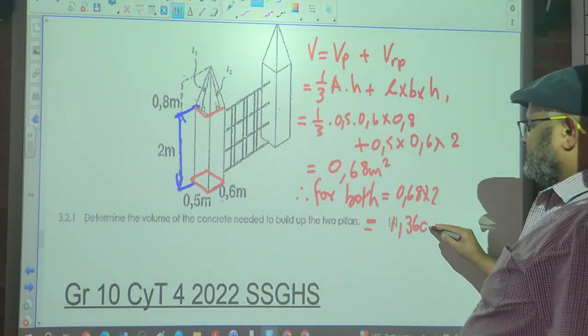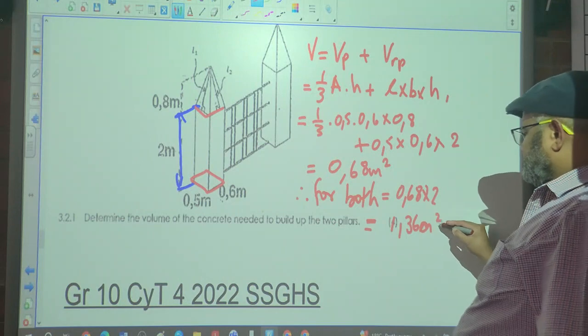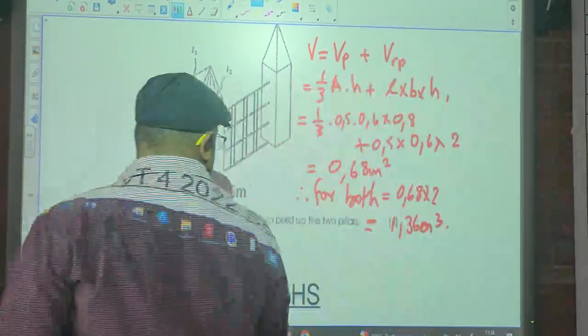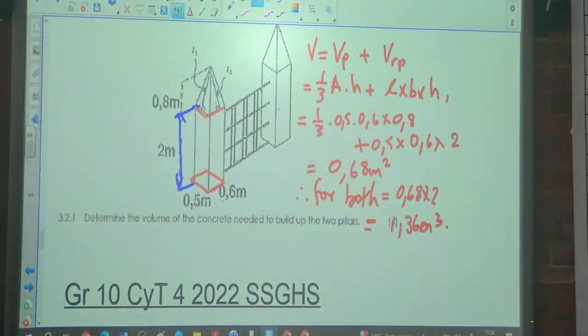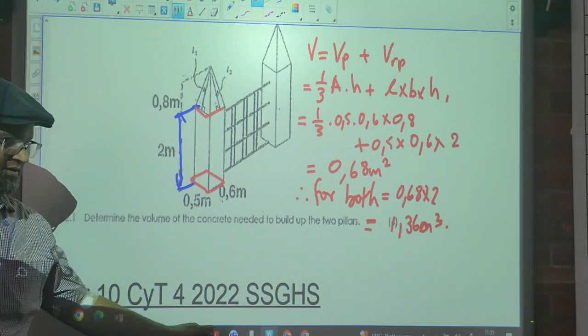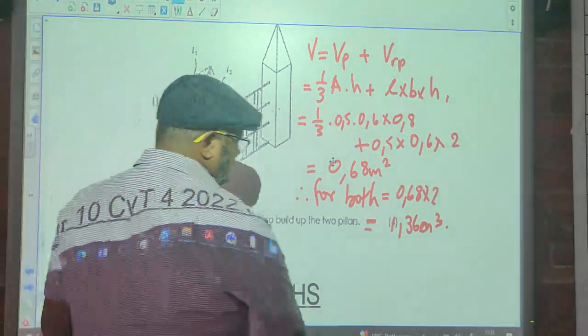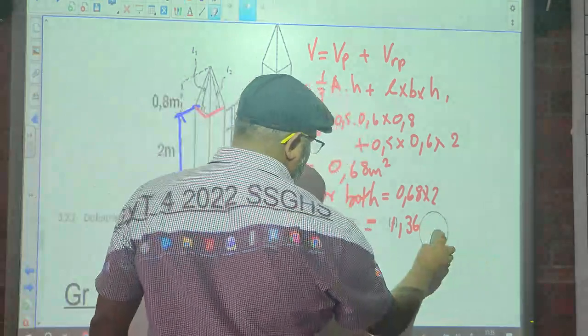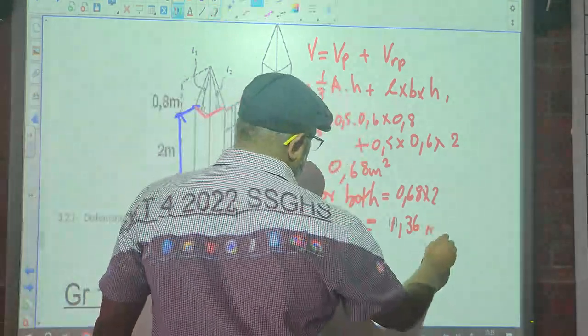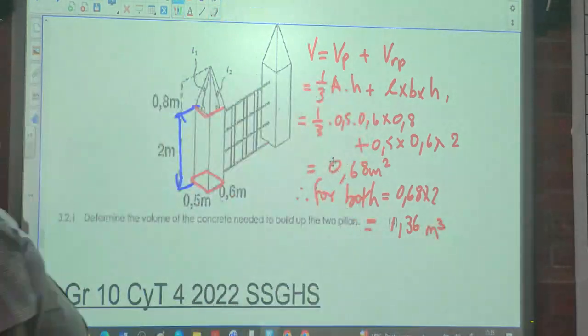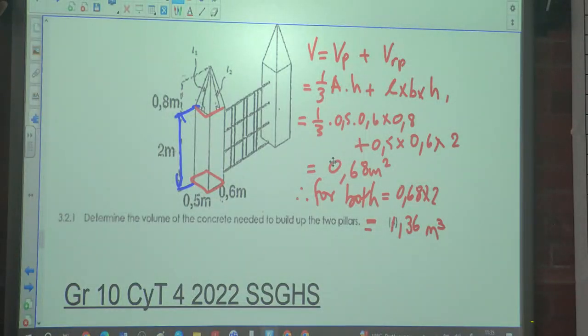Okay, now I'm feeling better, you see? 1.36, meters cubed. I actually wrote it in. Alright. Make sense, people? Right?